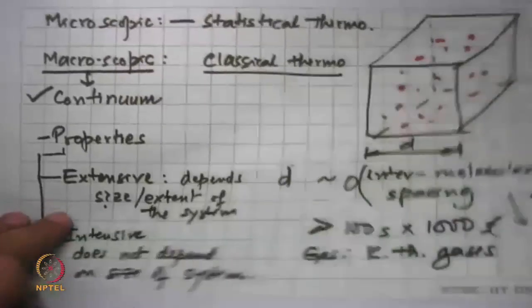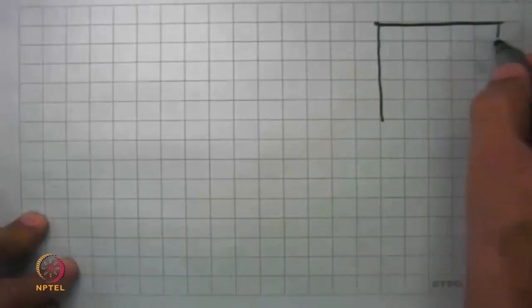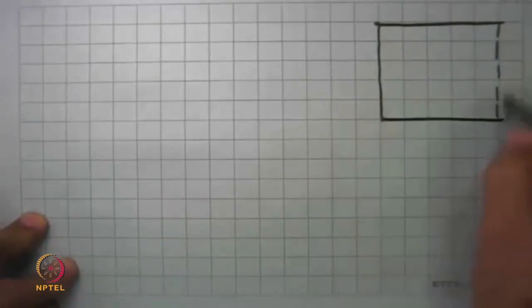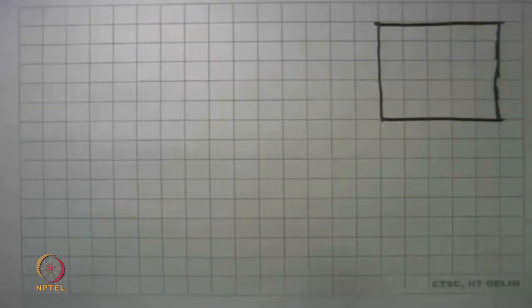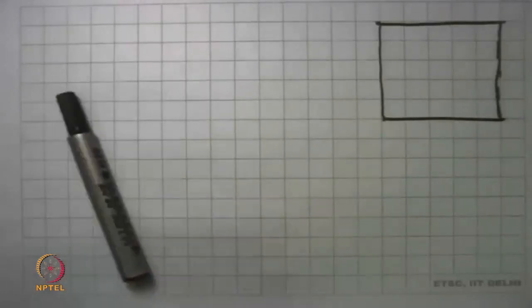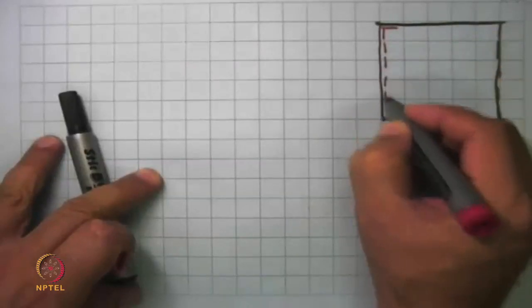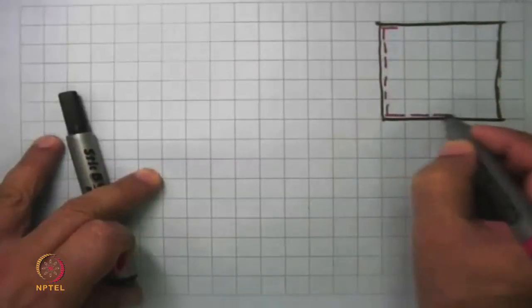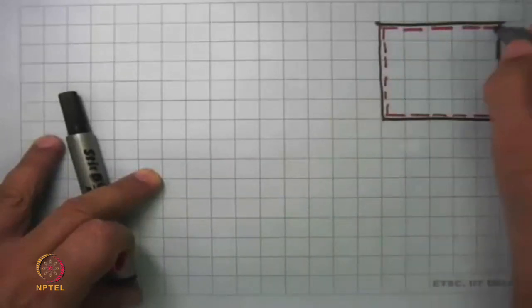Okay, so what does that mean? We go back and say that here is my system. Here is, say, a room, and in this we make our system, which we say is everything in the air in this room except the walls of the room.